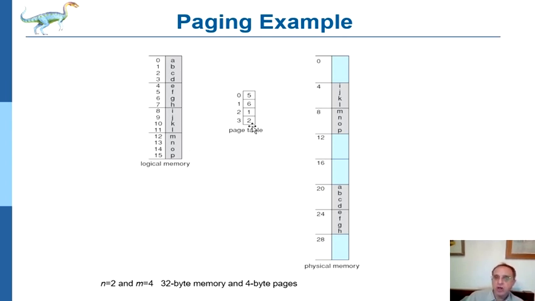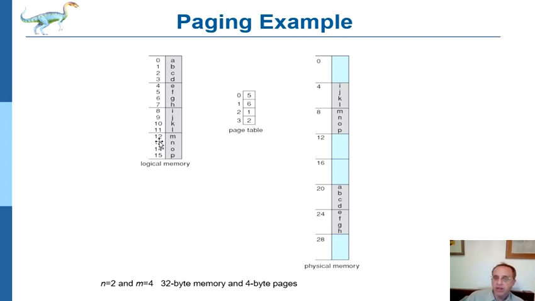The 2 tells me to go to 2 times 4, which is 8, because 4 is the number of rows in the page. So I go to 8 over here, and lo and behold, there's my M. I wanted this M, which is sitting in line 12 of my code.